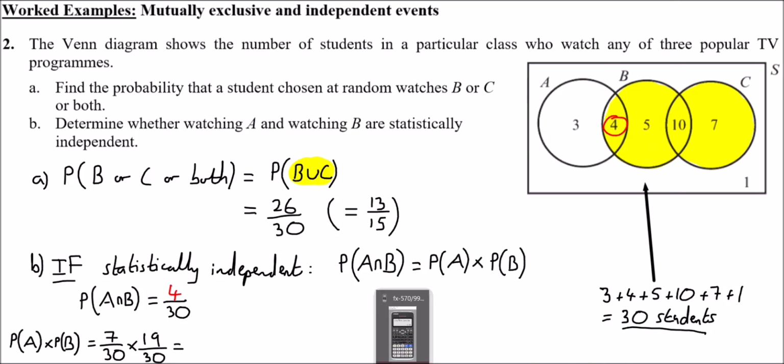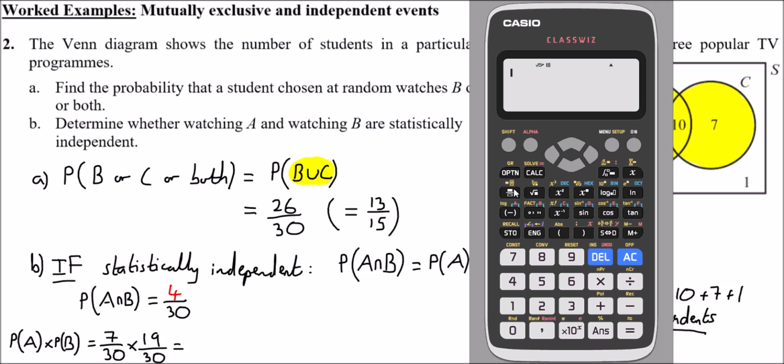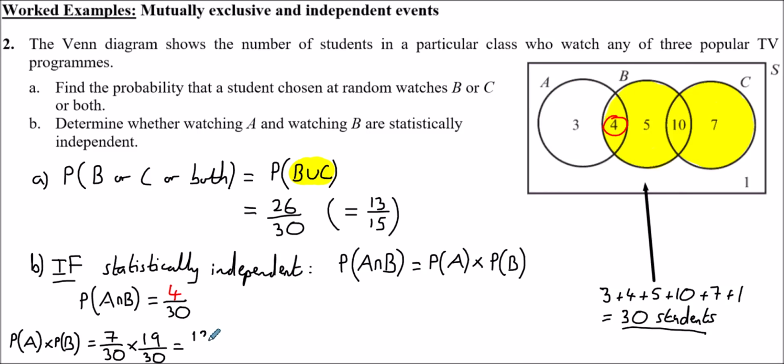And so if we calculate this now, 7 over 30 multiplied by 19 over 30, we get 133 over 900. We can now see from these two that they're not equal. 4 over 30 isn't the same as 133 over 900.